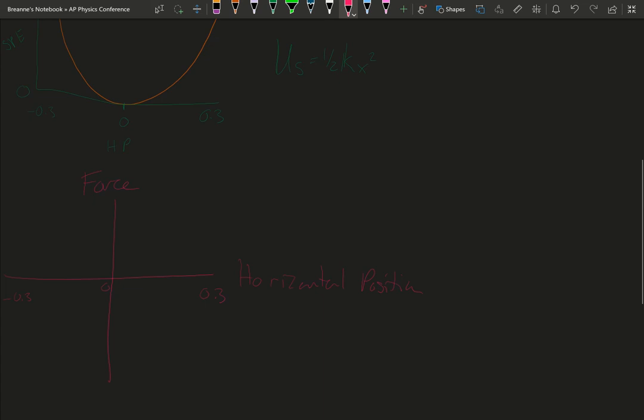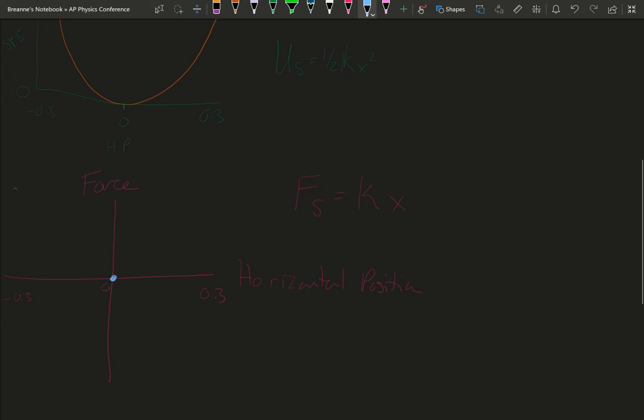Now, your spring force equation is your spring constant times your x. So when your x is 0, your force is going to be 0. So you know that it's going to be 0 here. As your distance increases, your force increases, which makes sense because you're putting more strain on the spring.